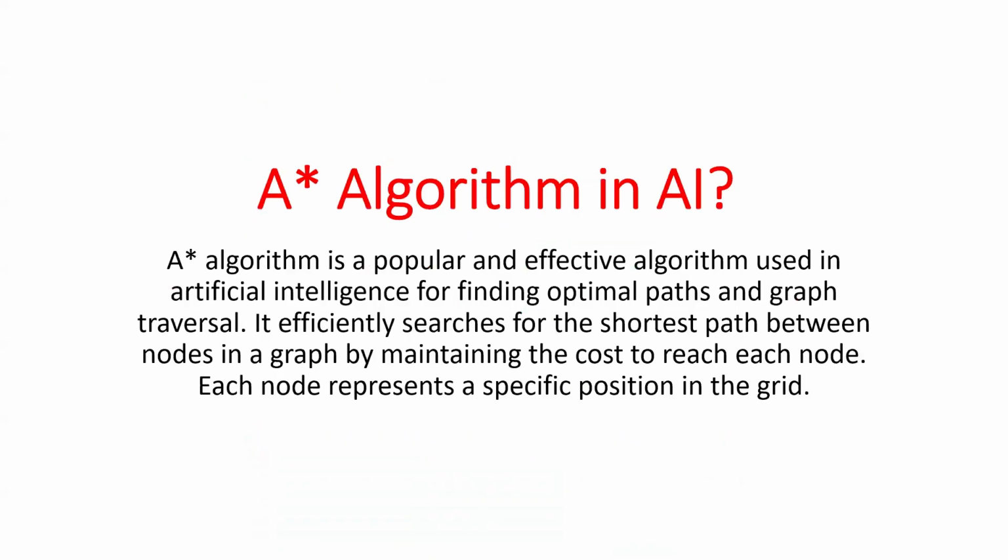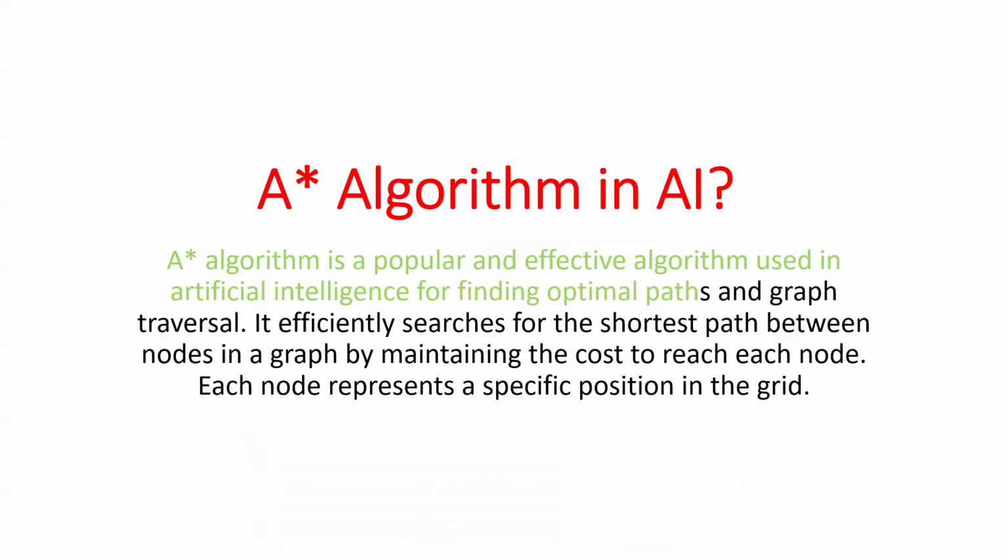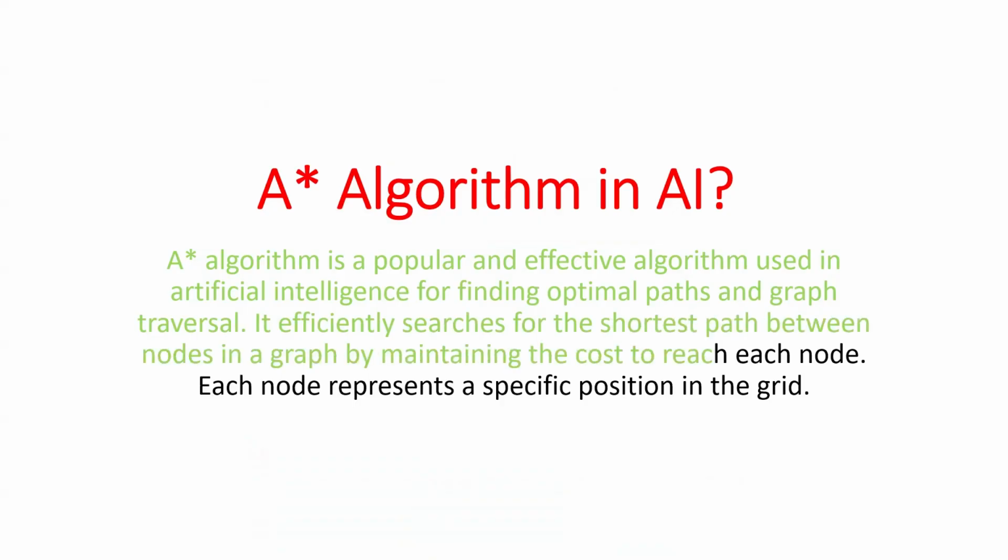A-star algorithm in AI. The A-star algorithm is a popular and effective algorithm used in artificial intelligence for finding optimal paths in graph traversal. It efficiently searches for the shortest path between the nodes in the graph by maintaining the cost to reach each node. Each node represents a specific position in the grid.